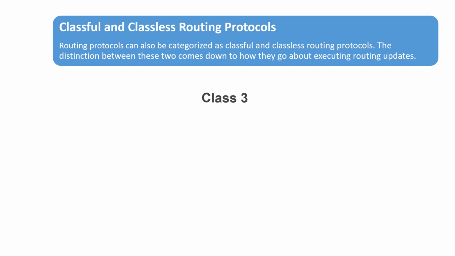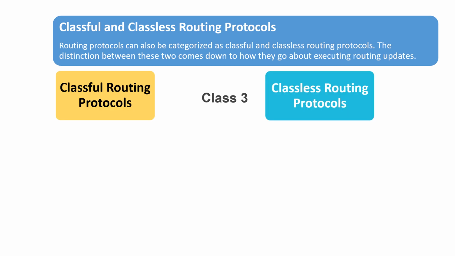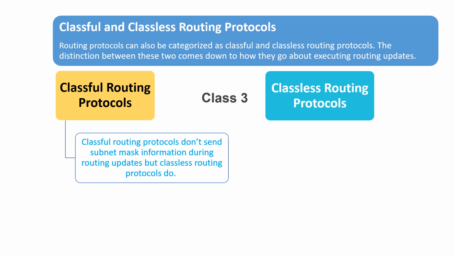So based on the execution of routing updates, these protocols are classified as classful routing protocols and classless routing protocols. Coming to the classful routing protocols, they don't send the subnet mask information during the routing updates, but classless routing protocols will send the subnet mask information. If you want to know more about the subnet mask, you can check my video on what are subnets.